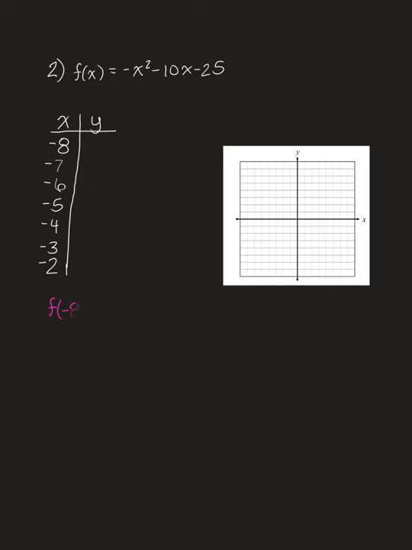If I do f of -8, I get -8 squared minus 10 times -8 minus 25. 8 squared is 64, so negative 64 plus 80 minus 25, and that will give you negative 9.